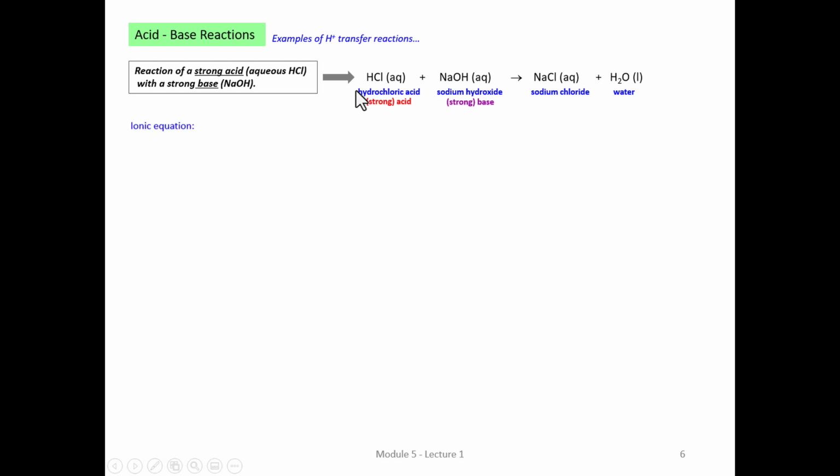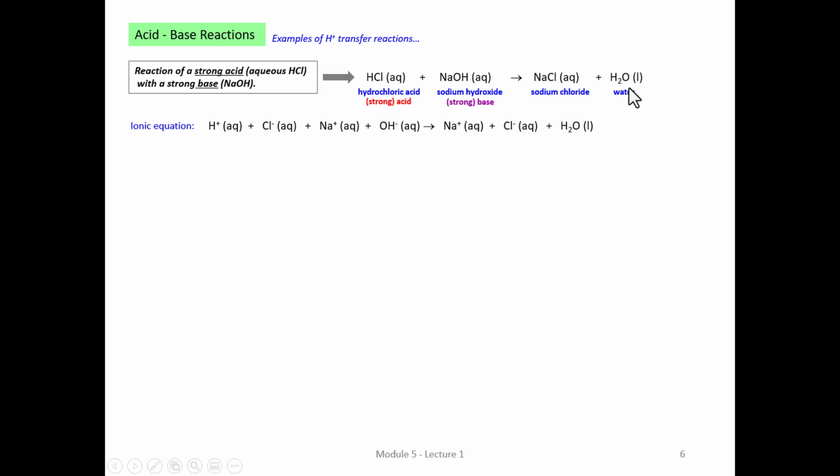If we tried to write this equation as an ionic equation, we know that HCl completely ionizes in water, so a more real way to write it would be H+ and chloride ions separated from each other. Sodium hydroxide completely dissociates in water to sodium ions and hydroxide ions. On the product side, sodium chloride in water is more accurately written as Na+ and Cl- ions, and we leave the water molecule as is.